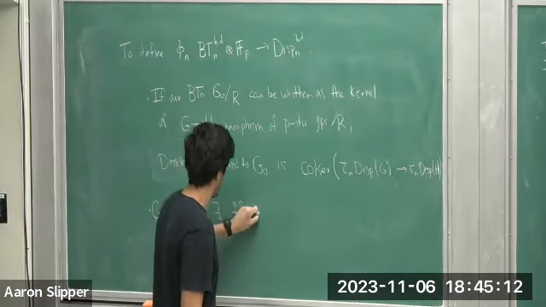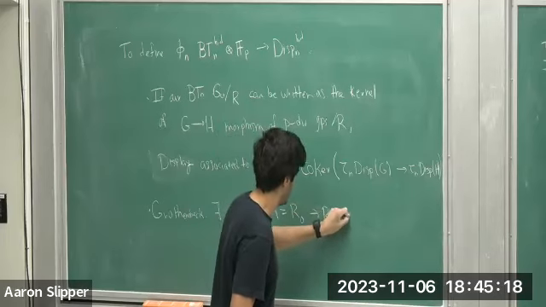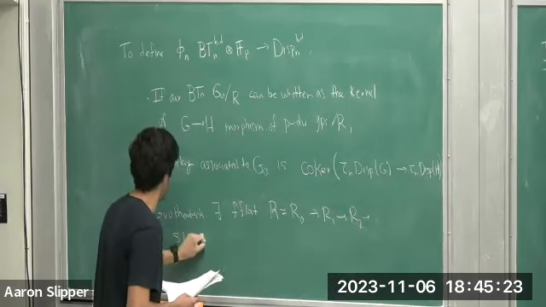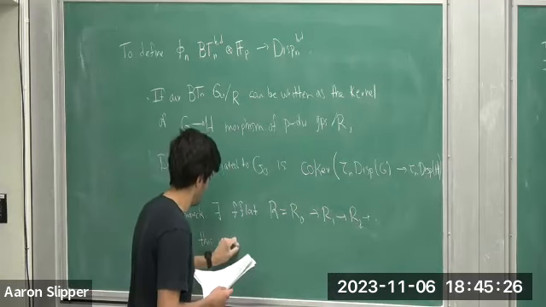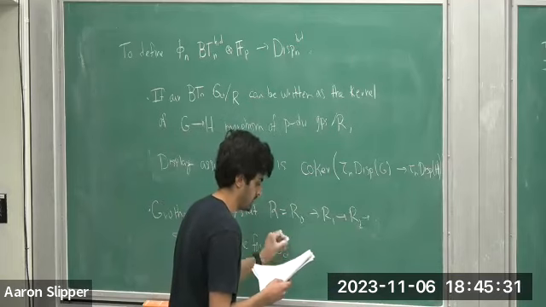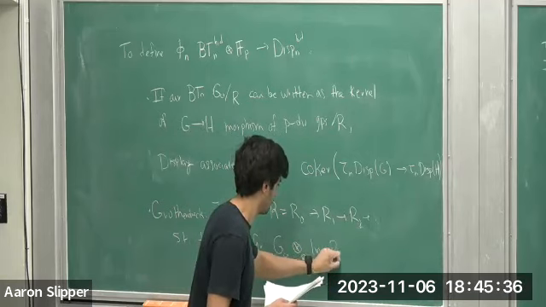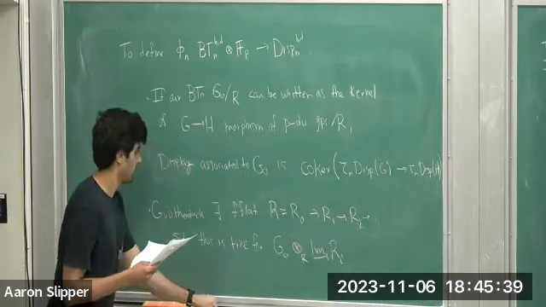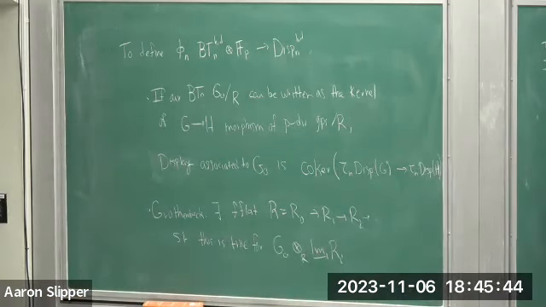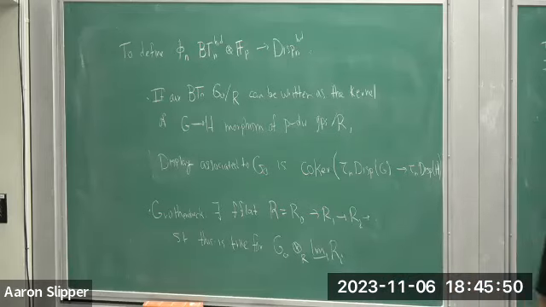So you have to make some sort of base change by this direct limit of these flat ring extensions, and then do some sort of descent to define the display in general.